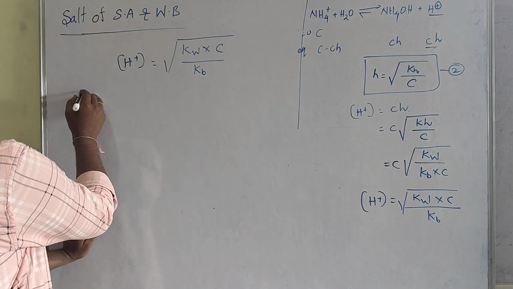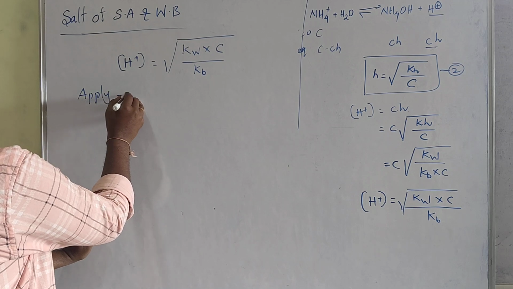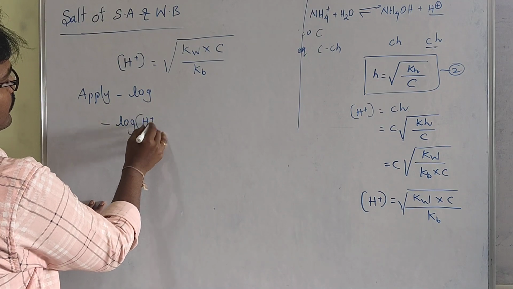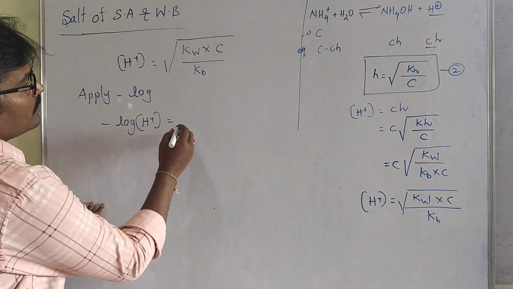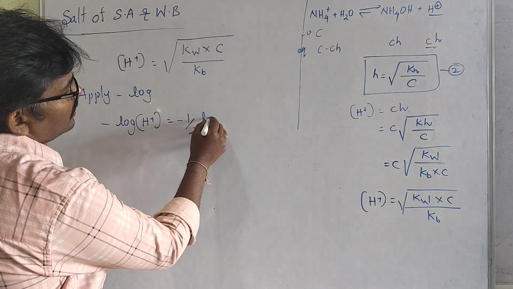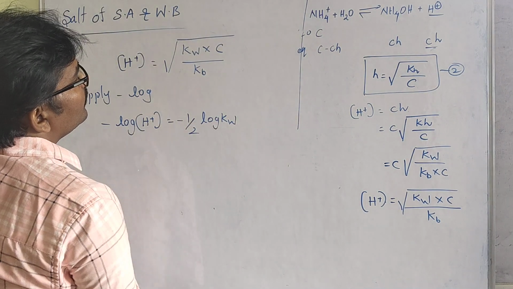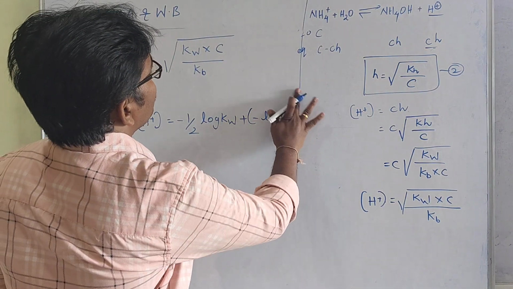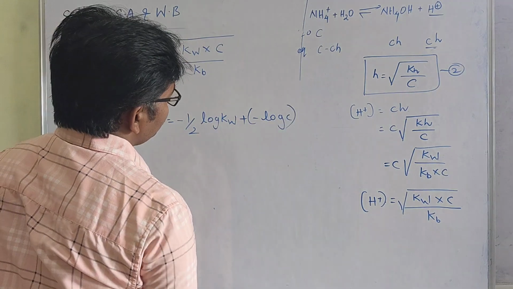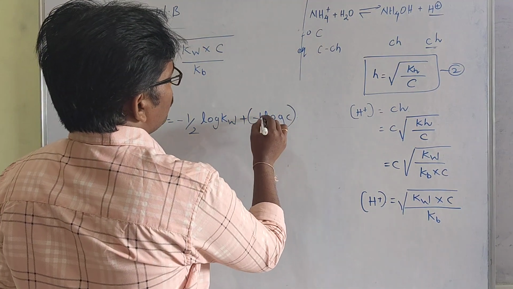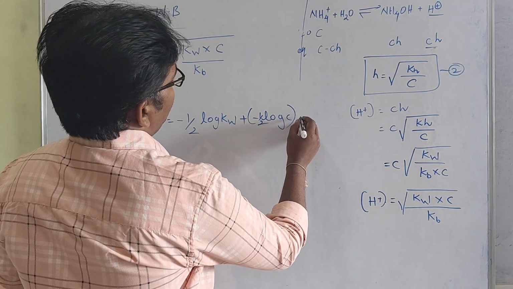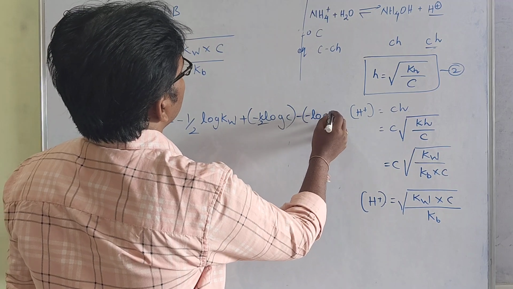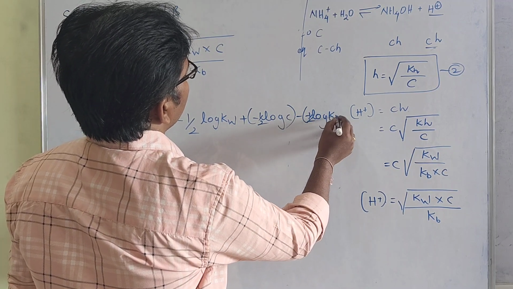So if I apply negative log, minus log of H plus ion concentration is equal to minus 1 by 2 into log KW, then plus minus log C, plus 1 by 2 here, then minus of minus log, 1 by 2 log KB, right?